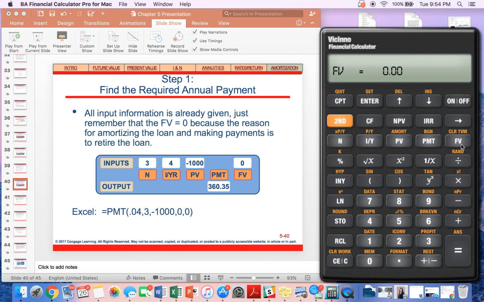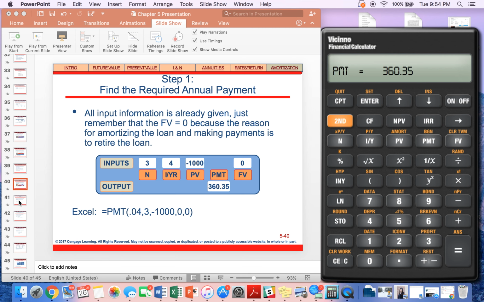So we'll have a 0 future value, and then we're going to go ahead and compute for our payment. So the payment, if you're in the bank's shoes, is positive because you're giving out $1,000 today, but you're going to start receiving $360.35 back, okay? So that's our payment, and that's how we're going to build our amortization schedule, okay?